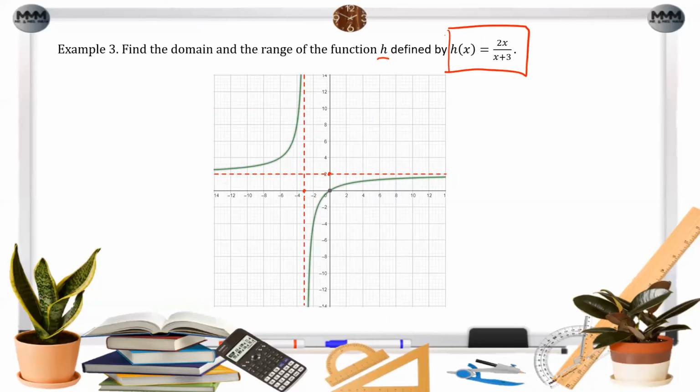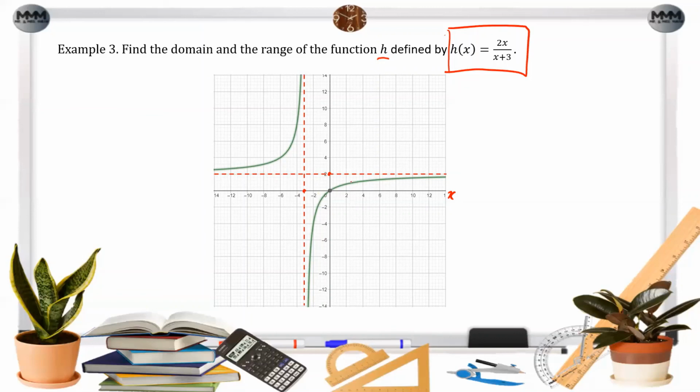So take note, for our range, we have the values on the horizontal line, rather domain, the values are on the horizontal line. So take note, our graph or curve is not touching the broken red line.